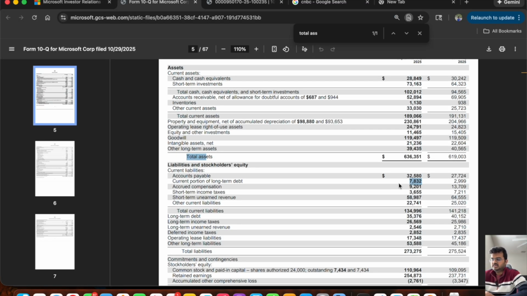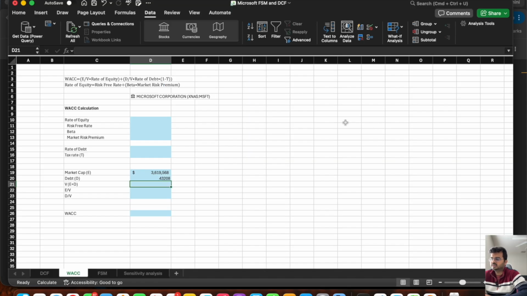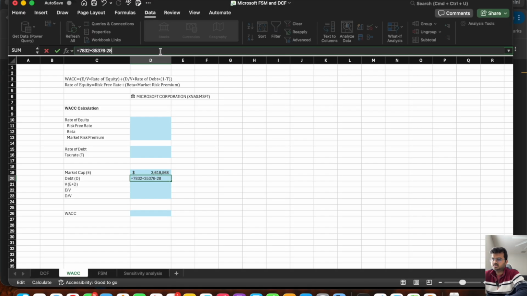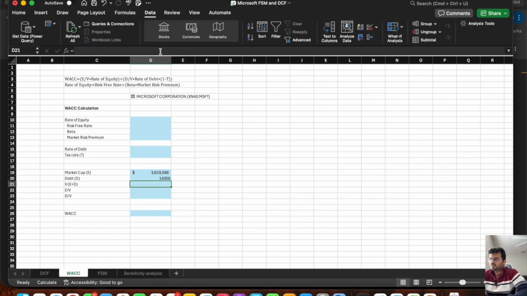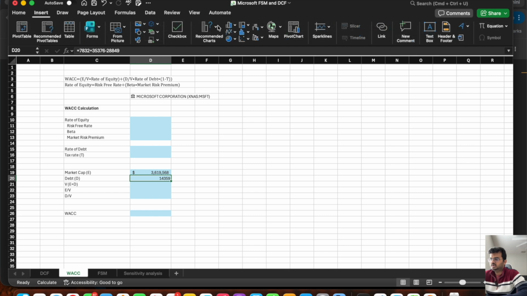But even though they have $7 billion and $35 billion in debt, they also mentioned they have $28 billion in cash. So we need to net out the total debt against the cash, and then we'll get the net debt. So I'm going to net out this $28 billion, 28,849. With this, I got the debt they have.